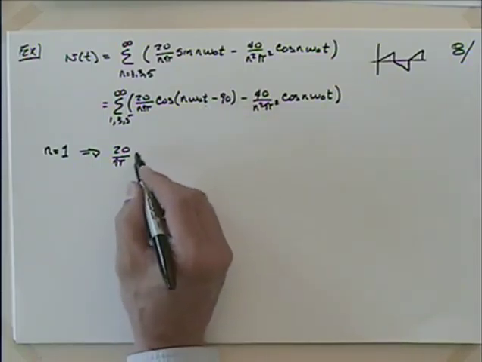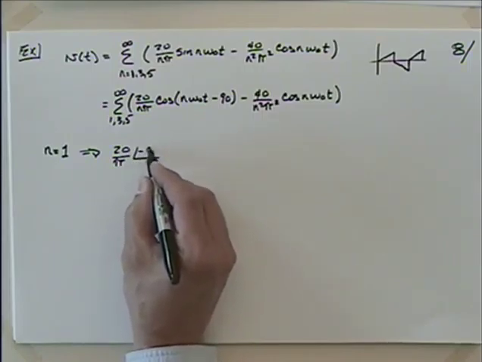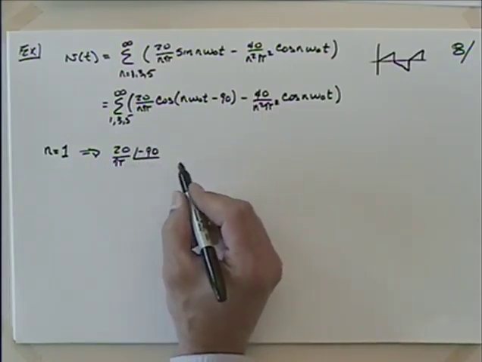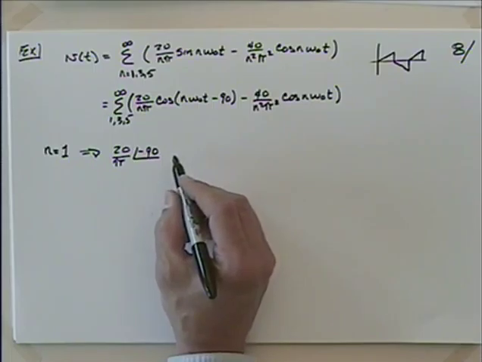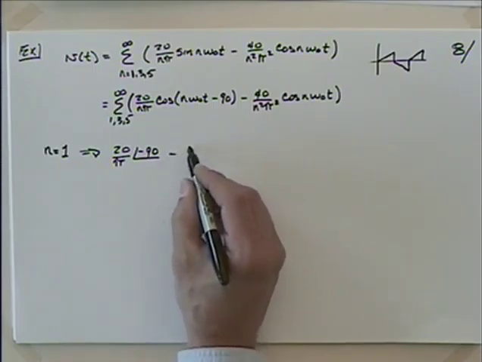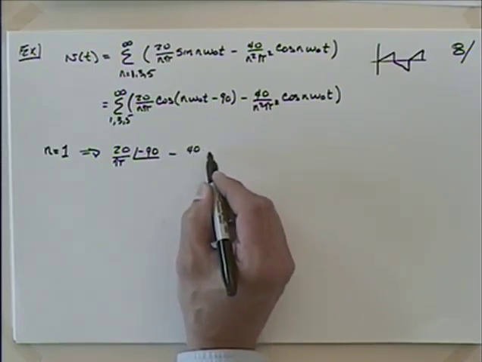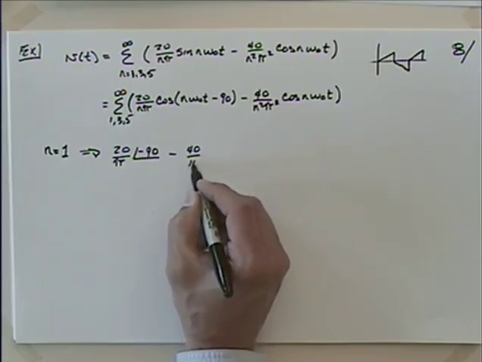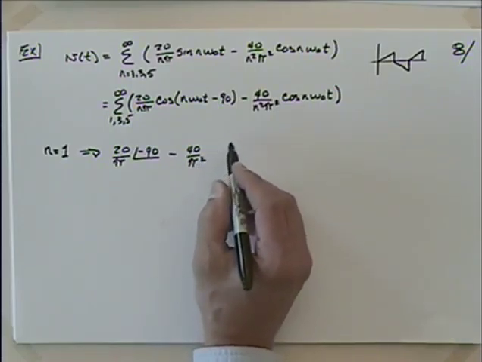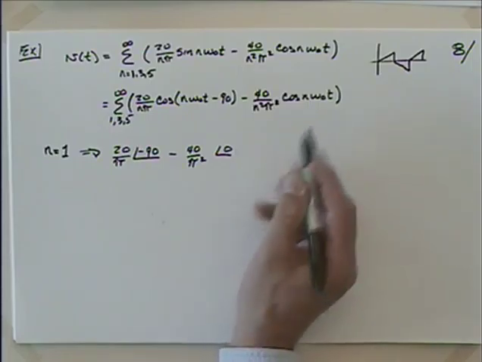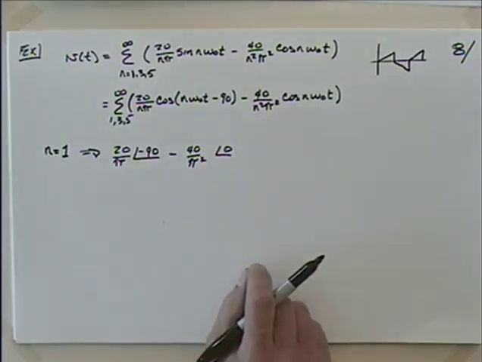Our phase shift here is minus 90? Is that how I write that? Put that in phasor form. And then I'm going to have to subtract off 40 divided by pi squared, and we have a 0 phase shift there.